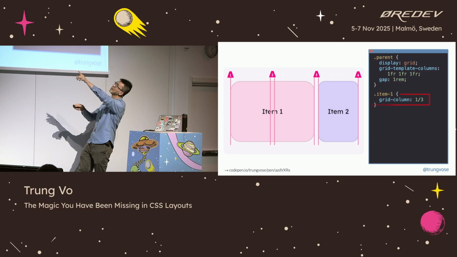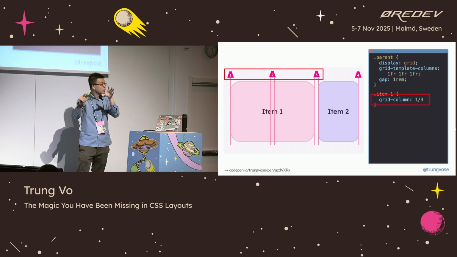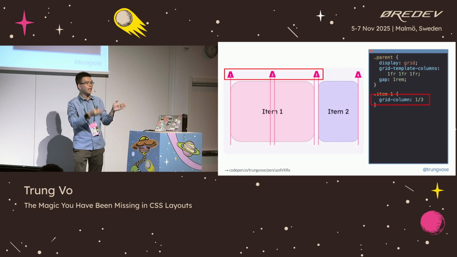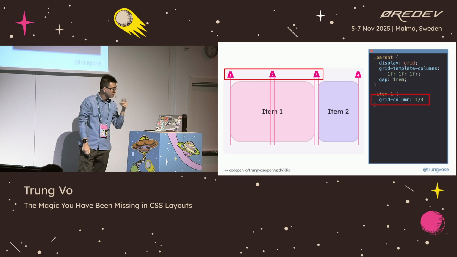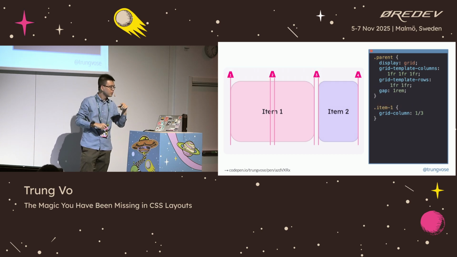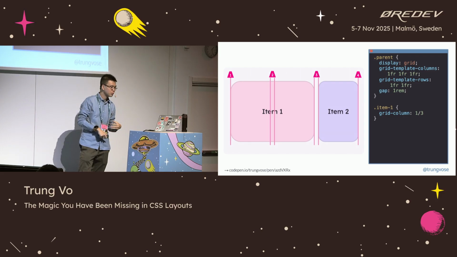I'm not sure if it's clear enough. Right. So there's like 4 lines on top. So you say, I want my child to start from 1 and end at 3, which means it is going to expand across the next 2 columns. And so now you put in the template row, which is where it is interesting.